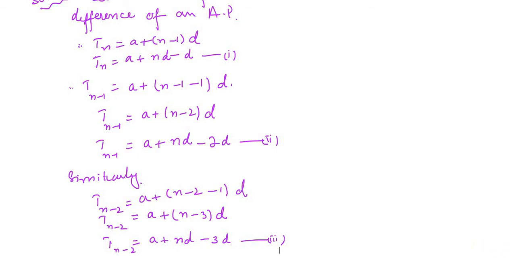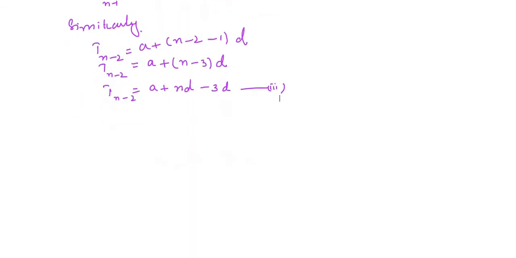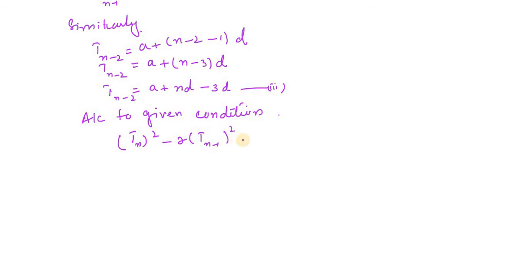According to the given condition, we put these equations in the given condition, that is, the square of the nth term minus twice the square of the (n minus 1)th term plus the square of the (n minus 2)th term is independent of n.